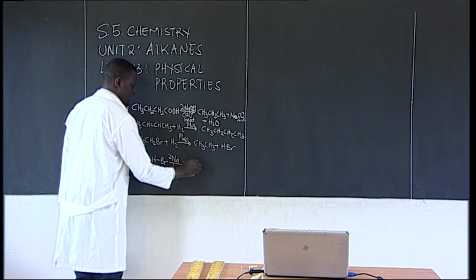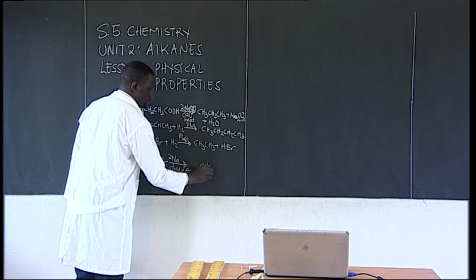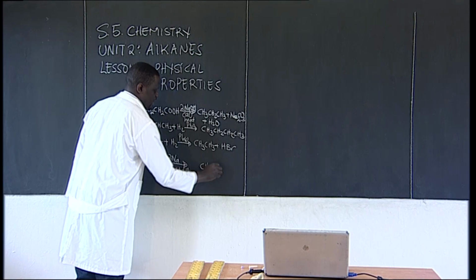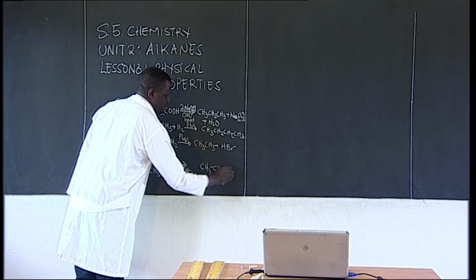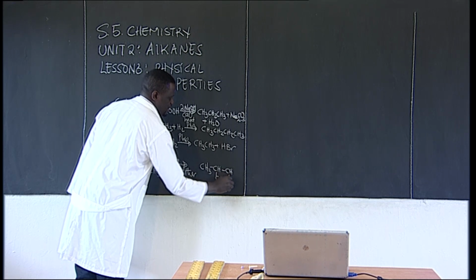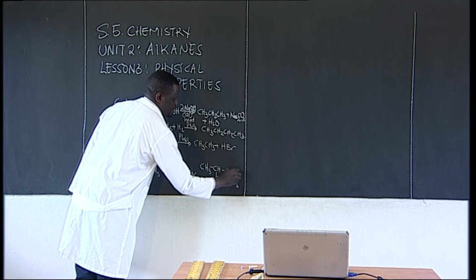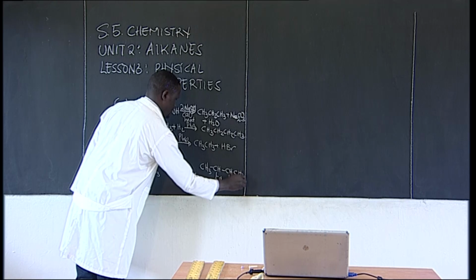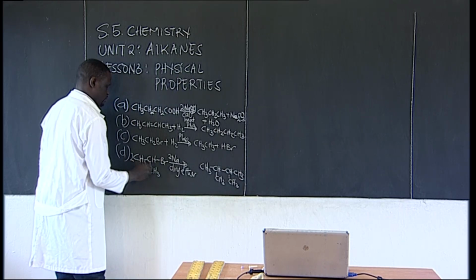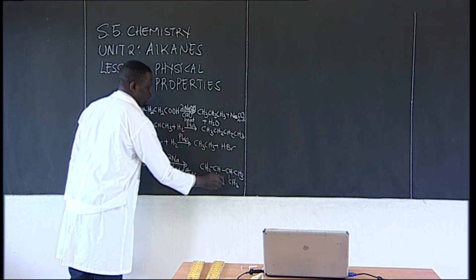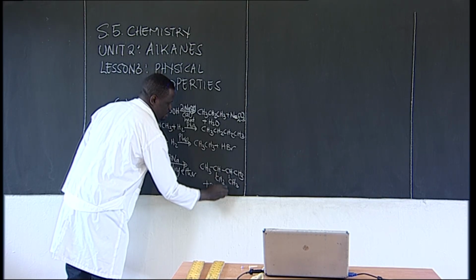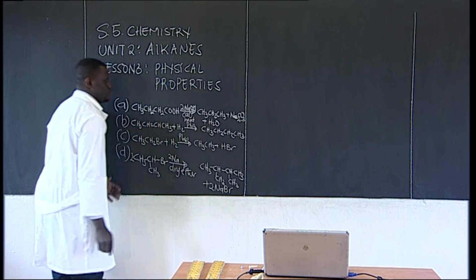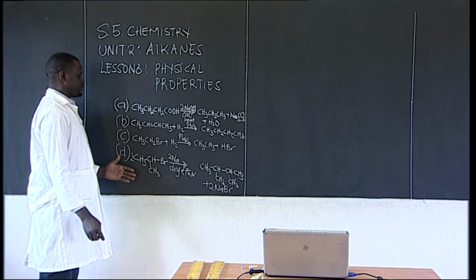We said it will multiply by 2, so we have CH3, CH3, CH3. Here you recognize you have 1, 2, 3 times 2, 1, 2, 3, 4, 5, 6, plus 2 sodium bromide. So this is just to pass through what we did last time.